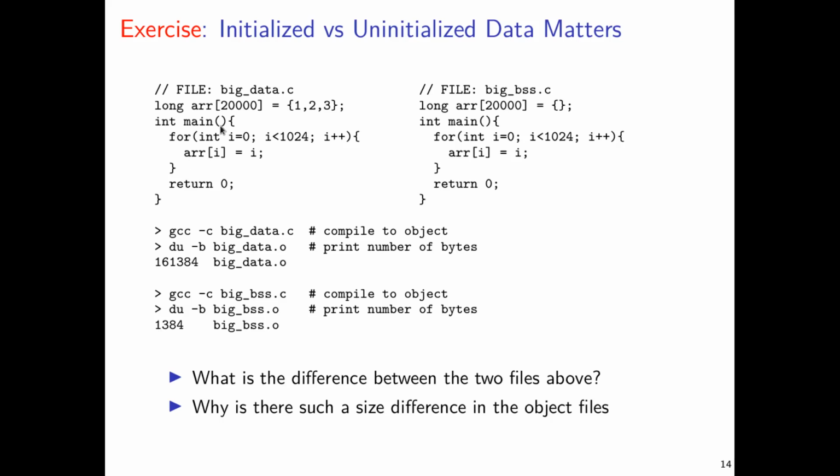And despite the seeming similarity of these two functions, there must be a clear encoding difference between how they're stored in these compiled .o files instead. The explanation for this big size difference can come from an understanding of what's involved in the binary encoding of this form of the array, which has some initialized non-zero elements, versus this form of the array, which is of equal size but has all zeros in it.